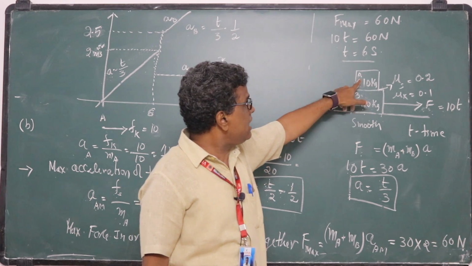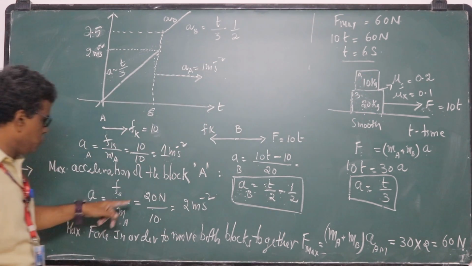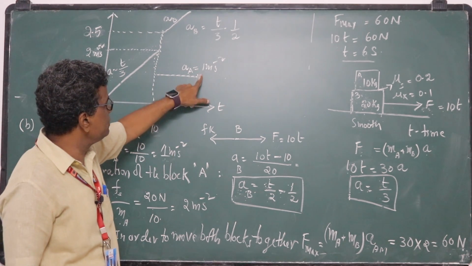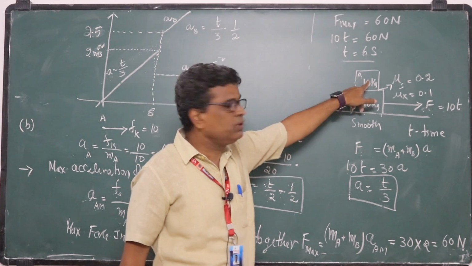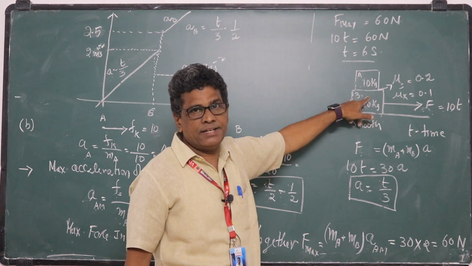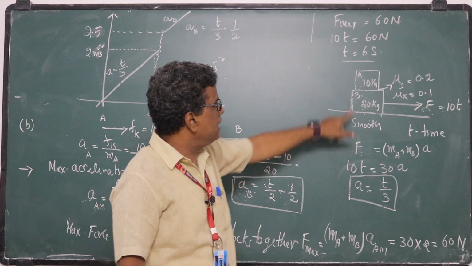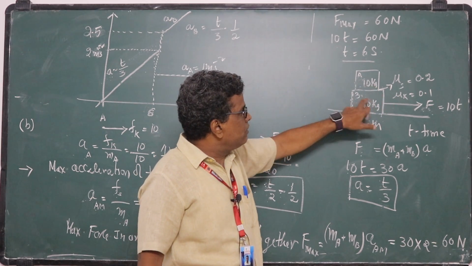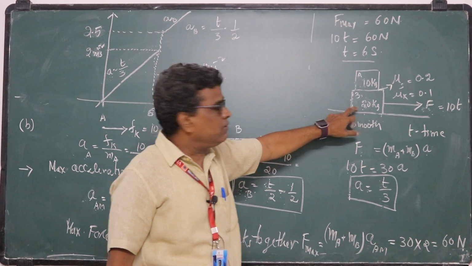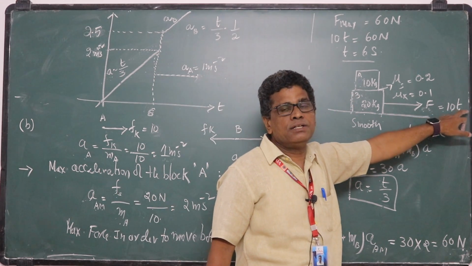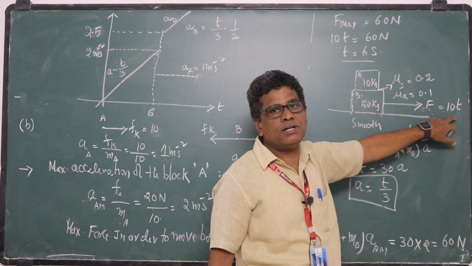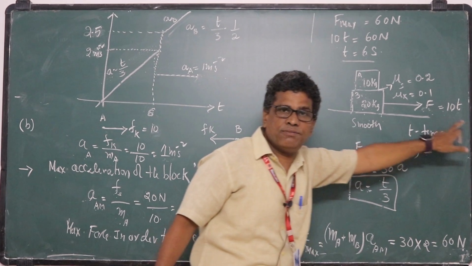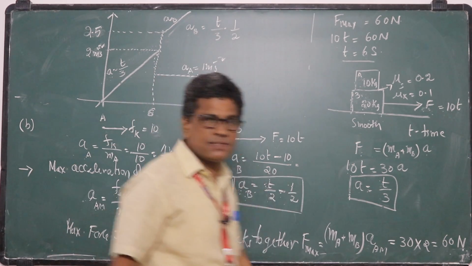Beyond that, A has a constant acceleration of 1, which won't change with time, because the only force acting on the block is kinetic friction, that is 10 newtons. Hence its acceleration is 10 by 10, 1. And the acceleration of B is variable because the force acting on it depends on time. Hence it increases continuously with the applied force. Clear? Take this.